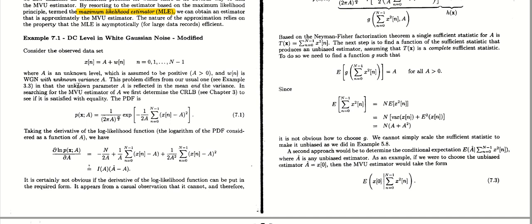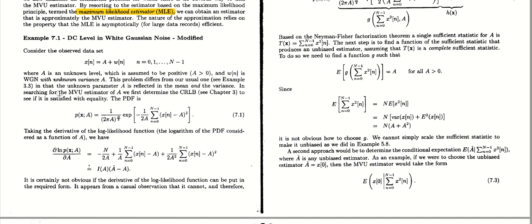But here, it's the unknown level as well as the unknown variance, so that will also be the variance of w[n]. Okay, so if you recall, it used to be the case where w[n] has variance sigma squared, not A, right? But here we set it as A. So it's reflected in the mean and variance.